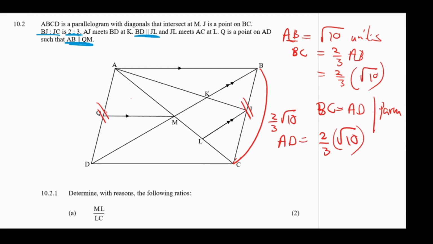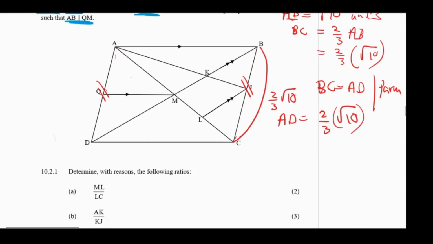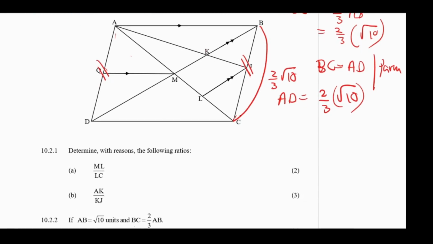Now that we have AD, remember we want to find AQ, which is part of this AD, right? So what we will do is this. AQ is part of AD, as you can see. This is what we want here.